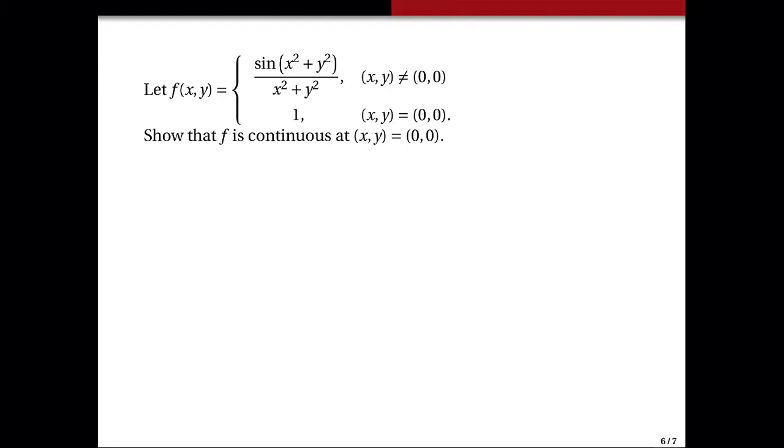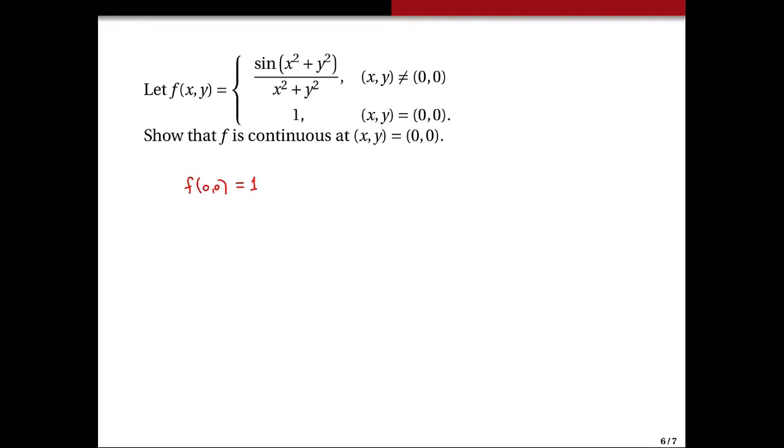We can use a similar characterization from Calculus 1, the definition of a continuous function: there is a limit, there's a functional value, and they are equal. So let's test that. Obviously, we have a functional value, f(0, 0), which is just equal to 1.